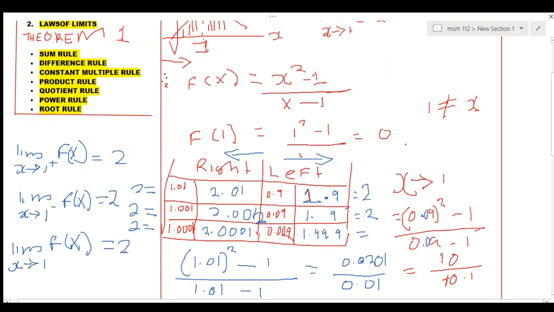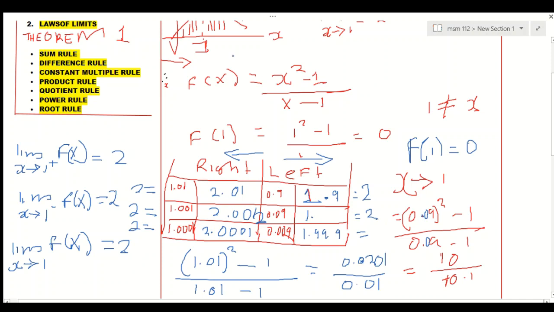But if you put f at 1, you substitute 1 there, it will give you something else which is undefined. So f at 1 is equal to 0. So make sure you know how to deal with these kind of things. So this is the analytical way of solving limits, and the previous one was the graphical way.